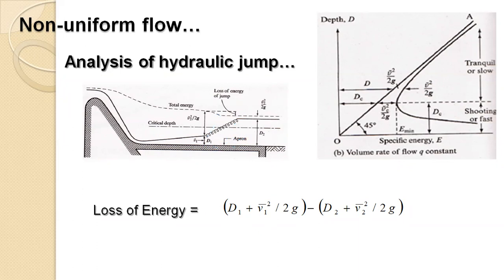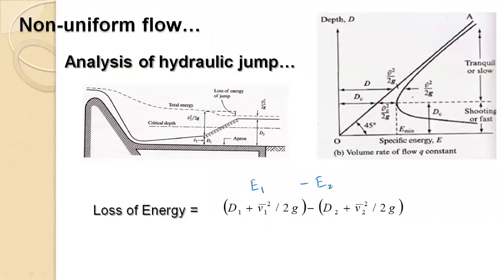If the bottom slope is very mild or nearly flat, then the datum head will be the same for both points, so you can ignore it. Then the loss of energy would come from the specific energies, E1 minus E2. The difference in the specific energies will give you the loss of energy in a hydraulic jump.